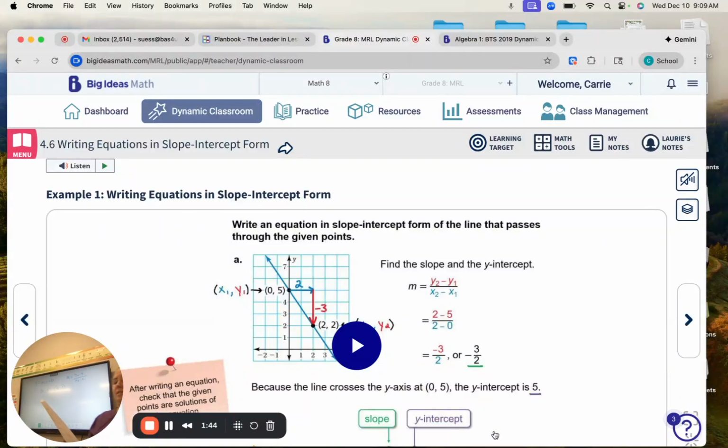Looking at those 2 points on the graph, do we know our y-intercept just by looking at it? Look at the graph on your paper. Where does it cross the y line? -3.